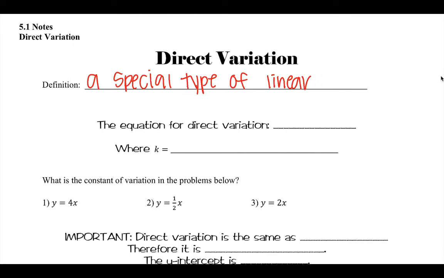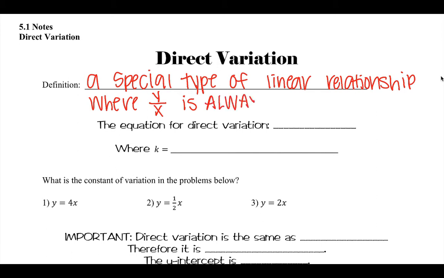Sorry, y'all, that's an R. Relationship where y divided by x is always the same. So direct variation, a special type of linear relationship where y divided by x is always the same.